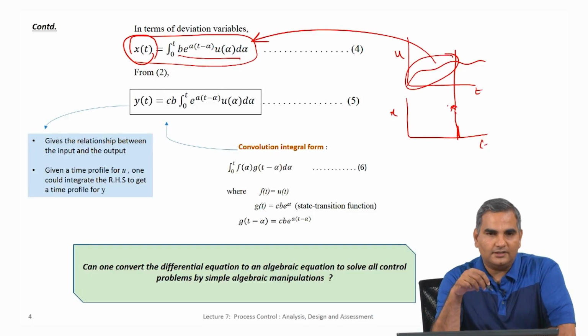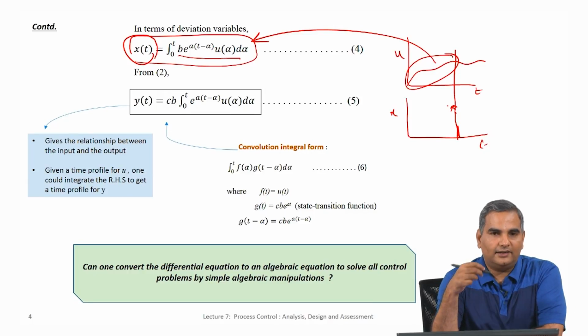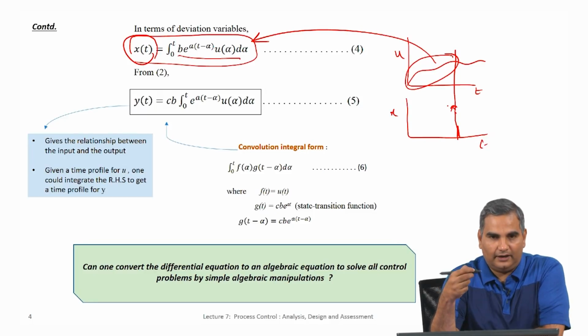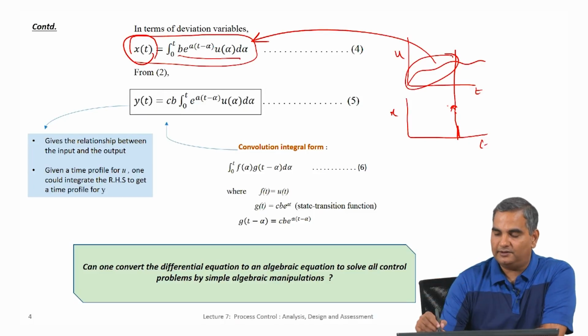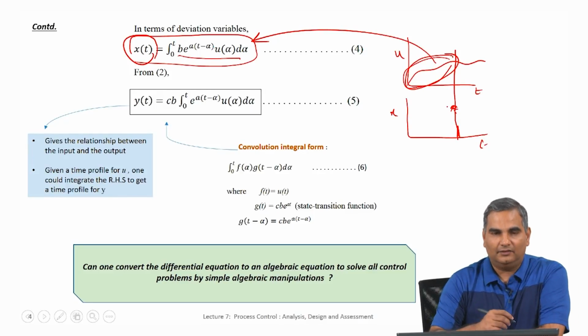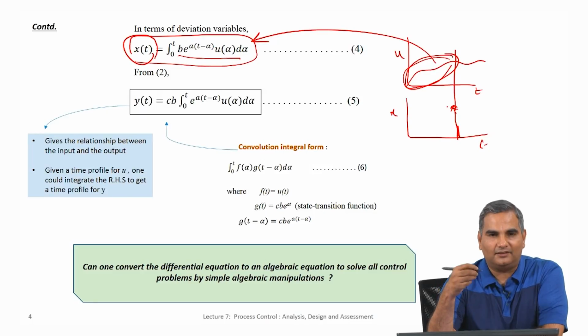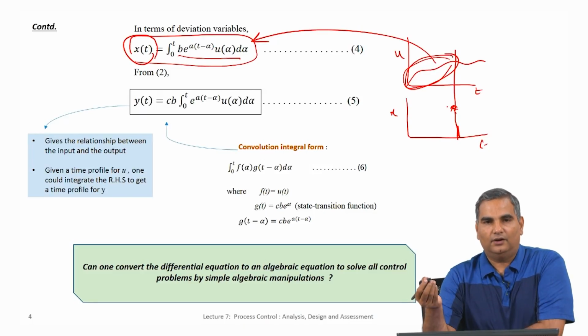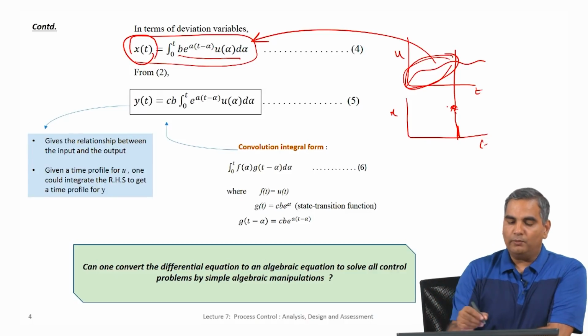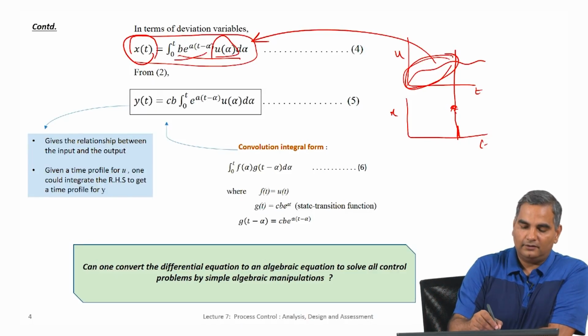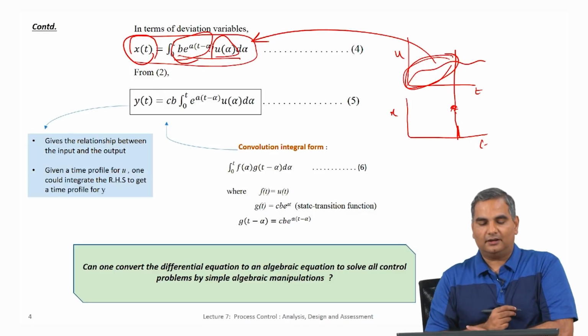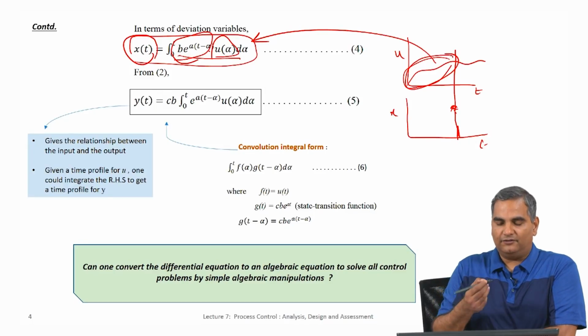So, in other words, what this says is what state value you find at time t is a cumulative effect of all the input values that were there before. So, basically 0 to t, every part of this curve has an effect on this prediction. So, put in simple terms, the past values of u have an effect on your x of t, and how much effect they have is given by this multiplication factor, which is kind of weighting the input.